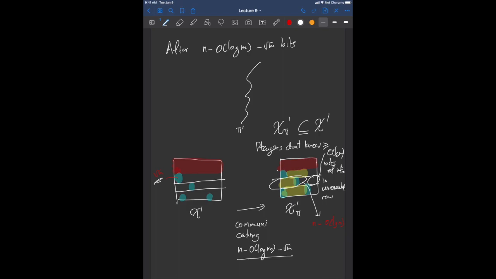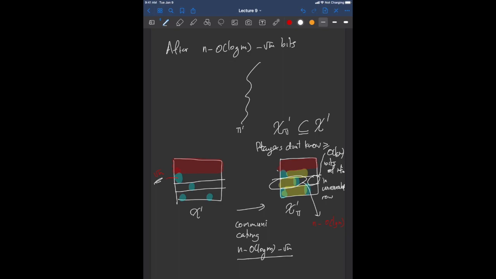And this is what we are going to use to say that they could not have for sure found a bit of difference in an unrevealed row, and we have to make sure that they're sort of not finding a difference in the revealed rows.